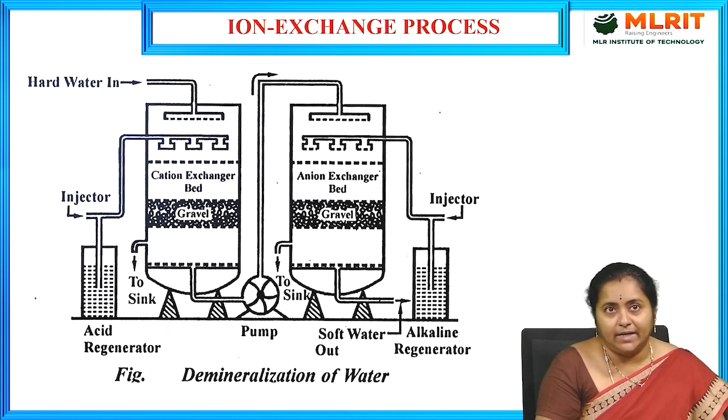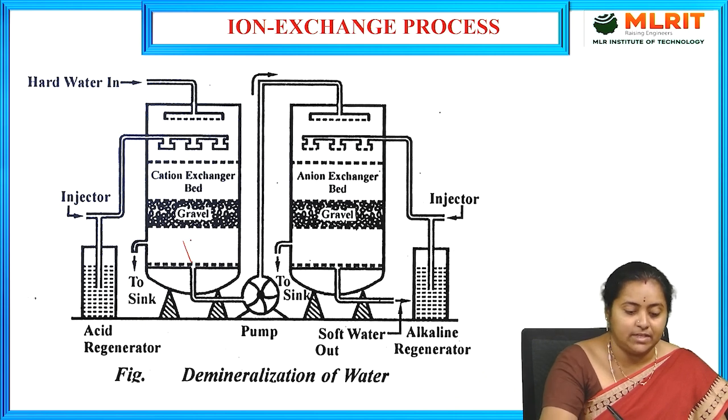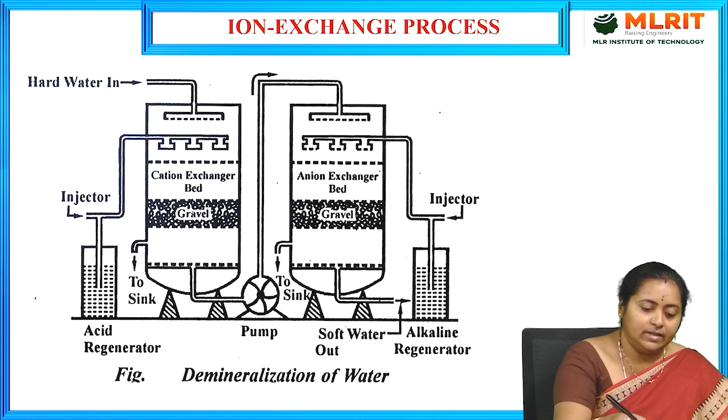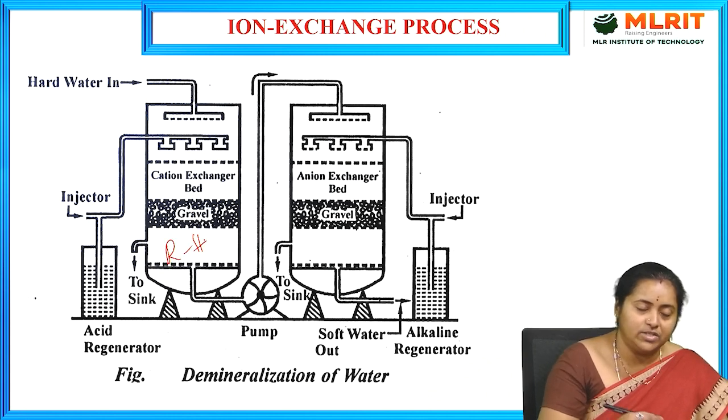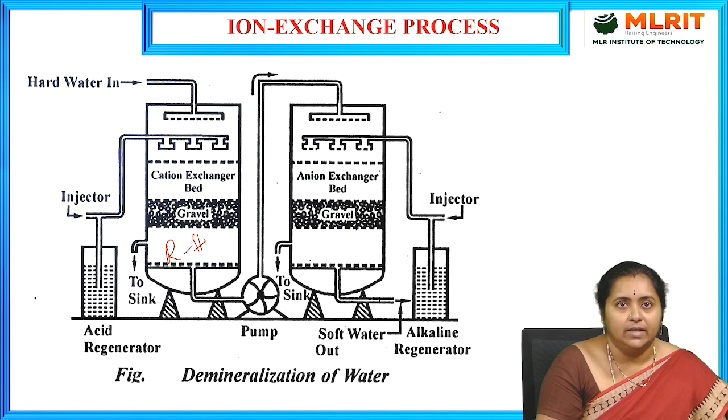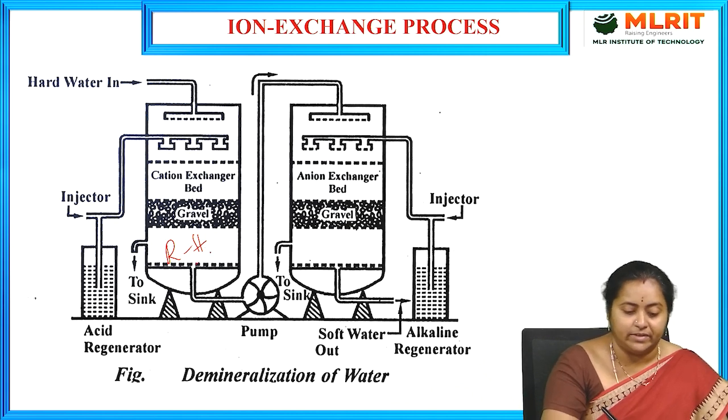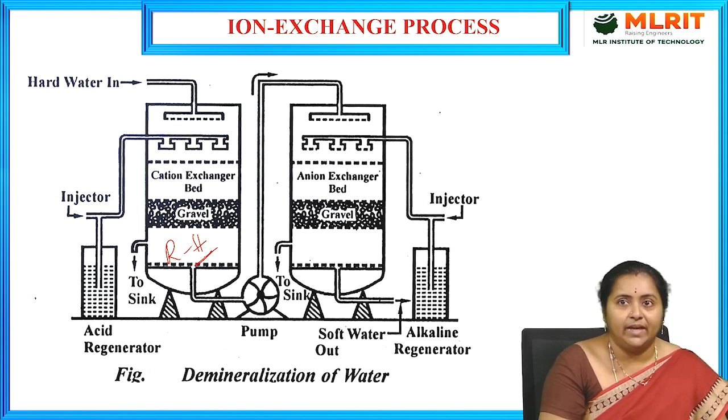In that, cation exchanger means it is capable of exchanging its H plus ions. So I am going to consider the cation exchanger resin, that means RH. The entire long chain of organic compound is represented like R. At the end, it is carrying H plus ions. This is important for us because it is meant for exchanging during the process.